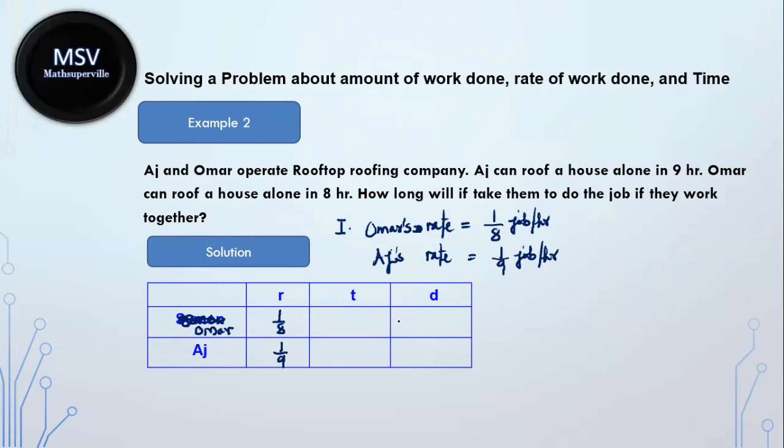So our goal then, it says how long will it take them to do the job together? So we don't know, but they will do it together for the duration. So let X be how long it will take this job to be done. So we will say X is equal to the length of time taken to complete the job.